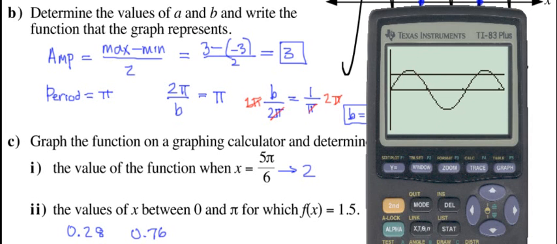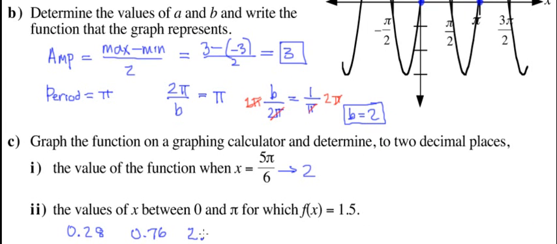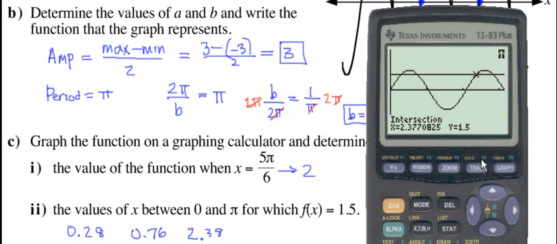Let's see if that's good enough. 2.38. And finally, second calc, intersect, first curve, second curve. 2.86.